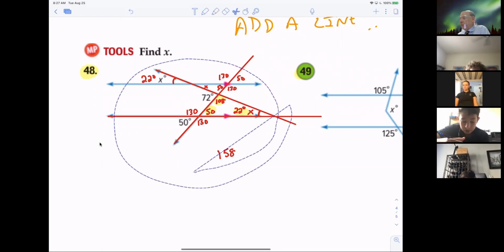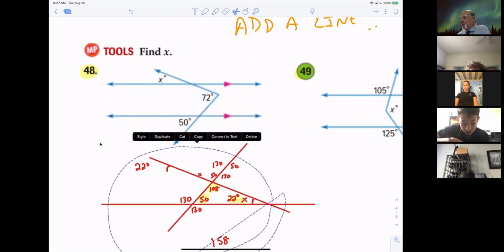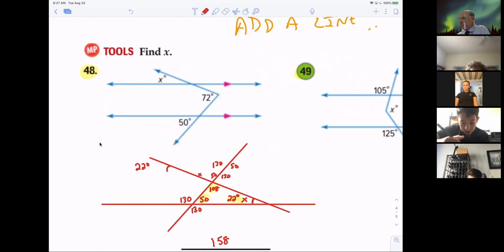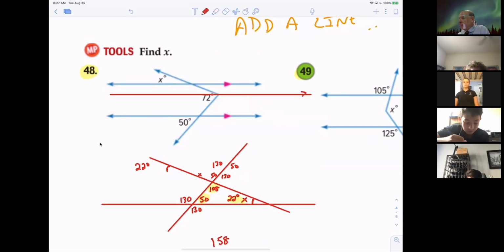All right, I want to see something else if I was recognizing something. Watch this. What did I just do? Yeah, I added a parallel line, right?